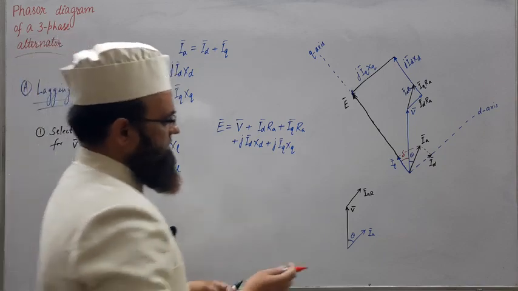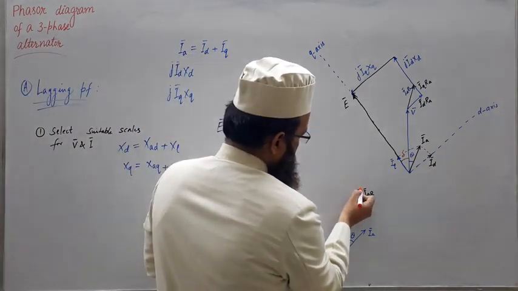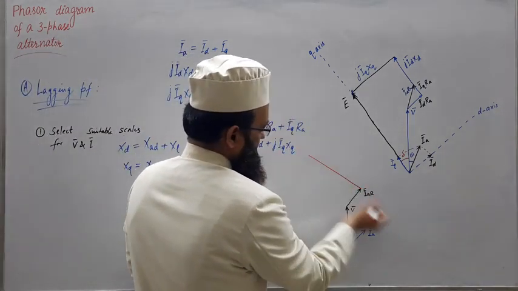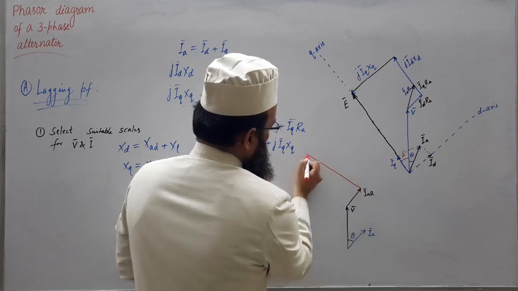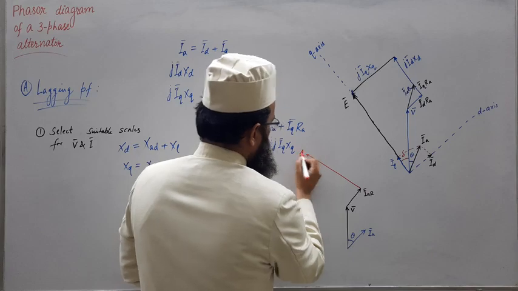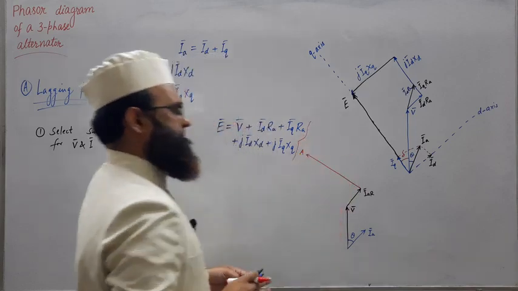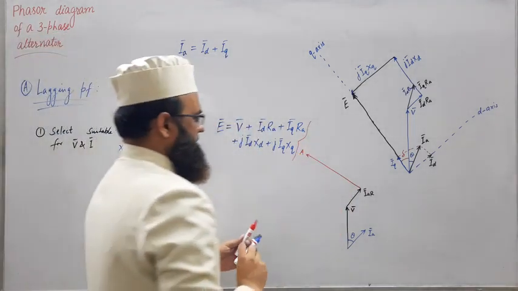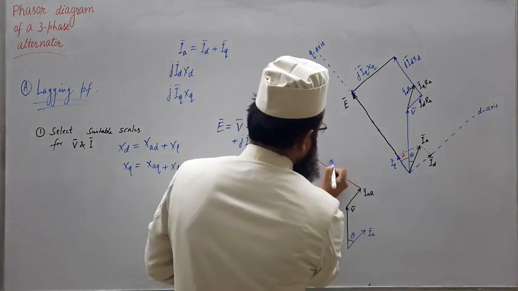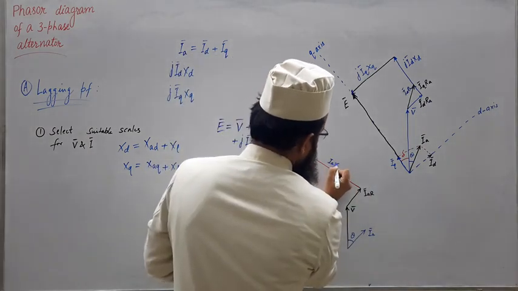So IAXD perpendicular to this, let us draw this perpendicular line. Let us mark some point, let us take some point A. What is this? This is IAXD.